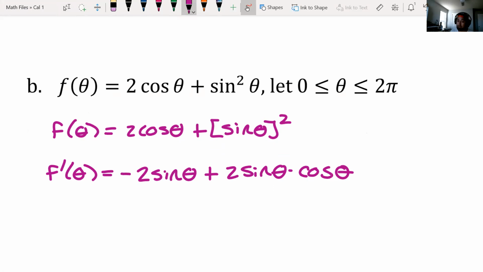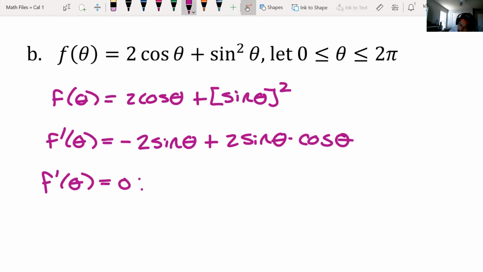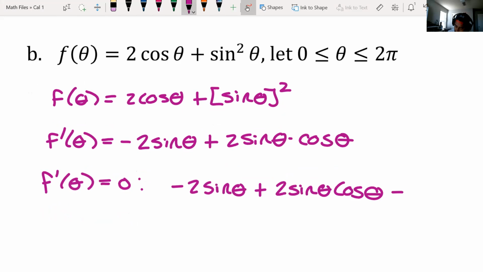And now after you take the derivative, we set it equal to 0. So we get -2 sine theta plus 2 sine theta cosine theta equal to 0. And now let's solve for theta. So what could I factor out here?